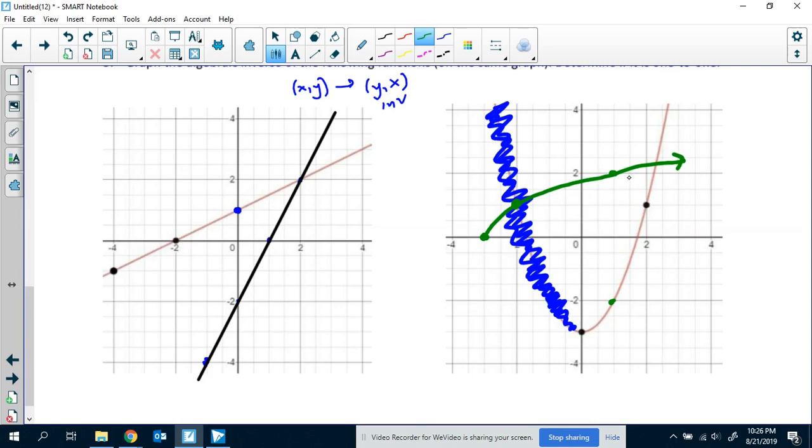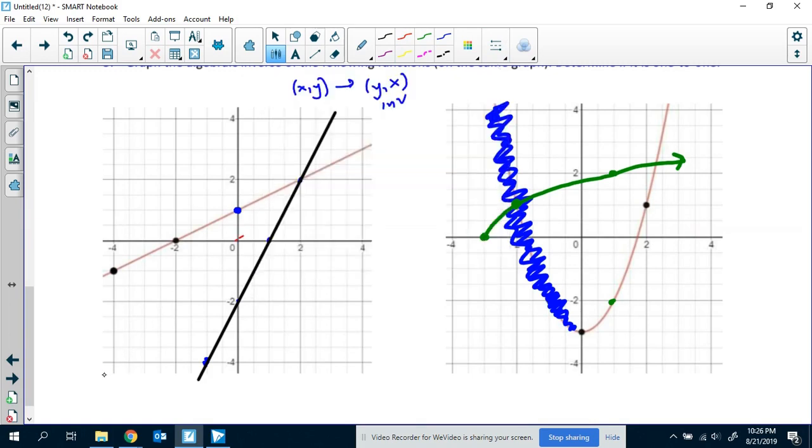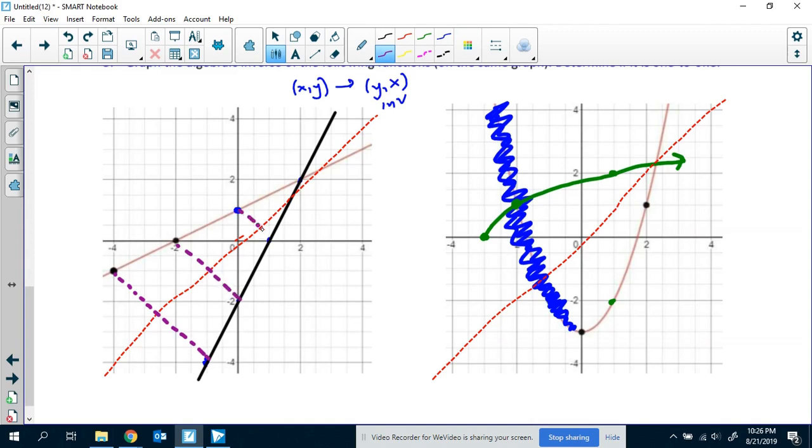So notice the red and green. Now, what I'm going to do is draw the line y equals x, or at least something that's kind of close to the line y equals x on the graph. And so when you look at this, what you can see is that points get reflected over the line y equals x.